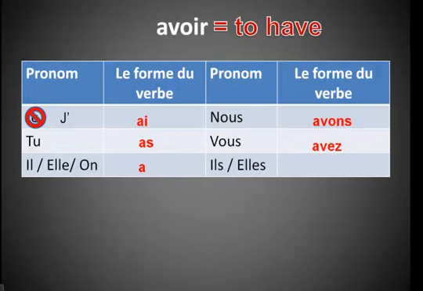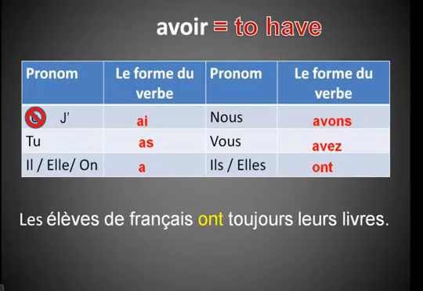Now with these, and also the ils and elles plural form, ils ont, or elles ont, because avons, avez, and ont start with a vowel, you actually pronounce that S like a Z at the end of nous and vous and ils or elles. So nous avons, careful, make sure you pronounce that S like a Z to link those together. That's the term liaison.